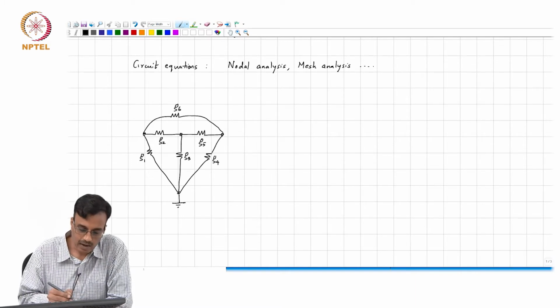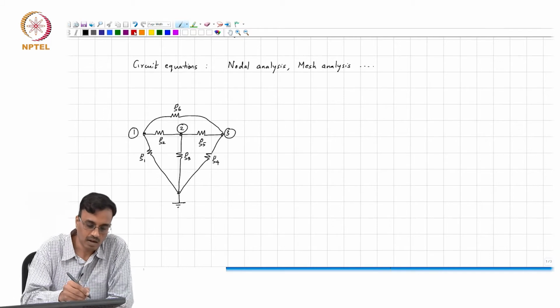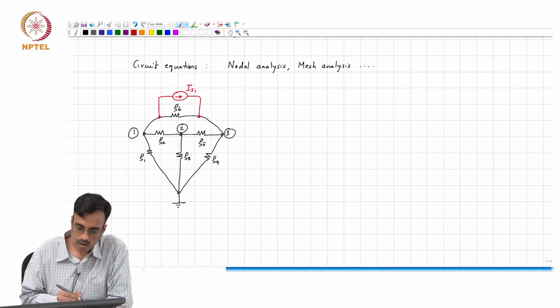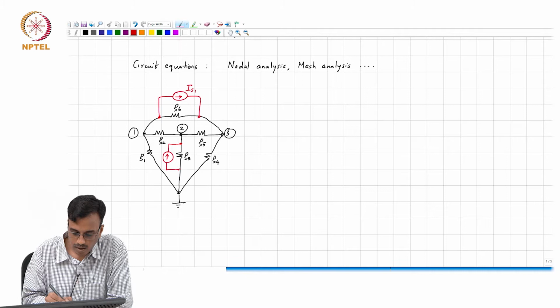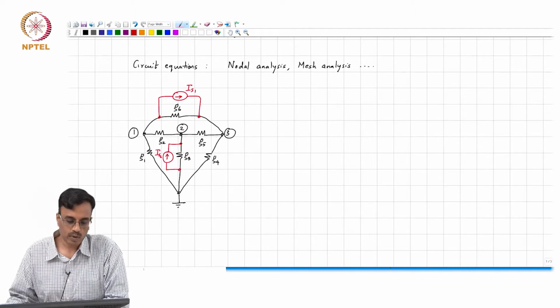The nodes are numbered 1, 2, 3, and we have a source IS1 and another current source exciting the network, IS2, right. How do you write the nodal equations?